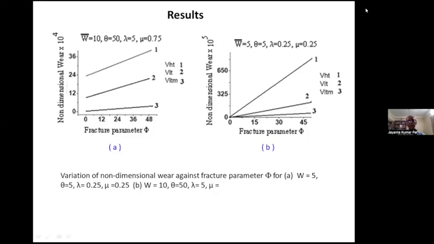So for VHT and VLT, we will expect an increasing wear with the increase in phi. So the conclusion is that we should try to keep the phi within reasonable limit, probably below 10.